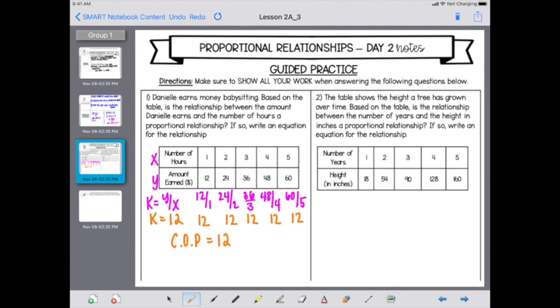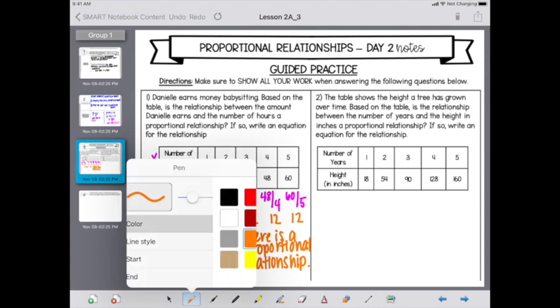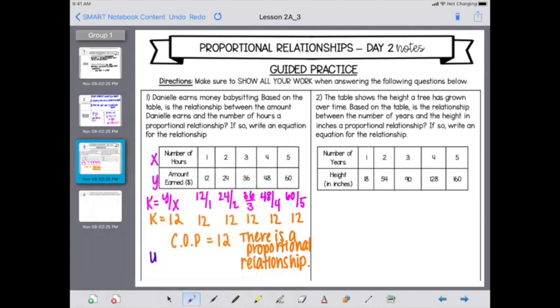So there is a proportional relationship. There is a constant of proportionality, and it is 12. And then if they want us to write out our equation, we're following y equals mx or kx. All we have to do is substitute in our unit rate. So we have y equals 12x, and that's going to be our equation.